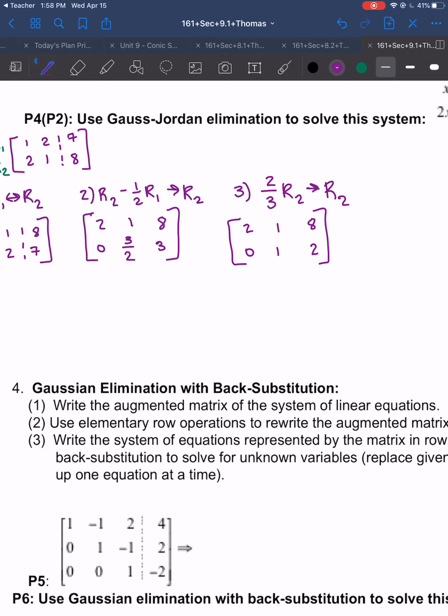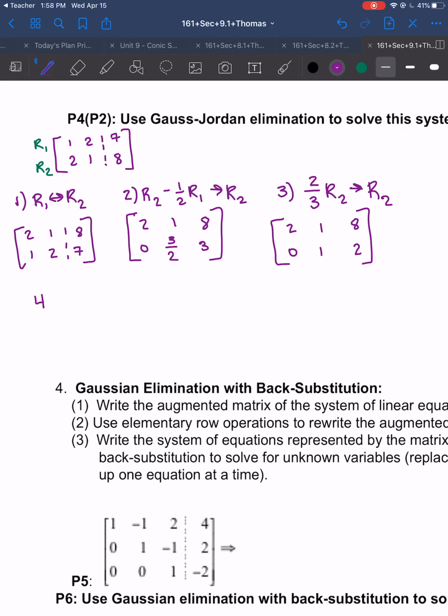And then our fourth step: we want this to be a 0. So I'm going to take R1 minus R2 and put that in R1. Row 2 won't change, but row 1 will become 2, 0, and 6.